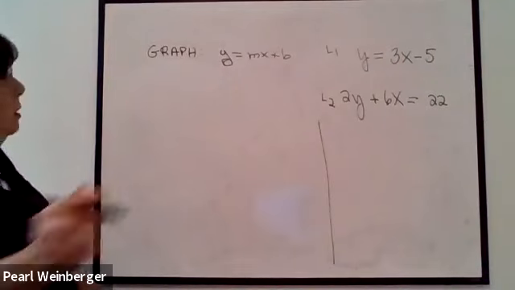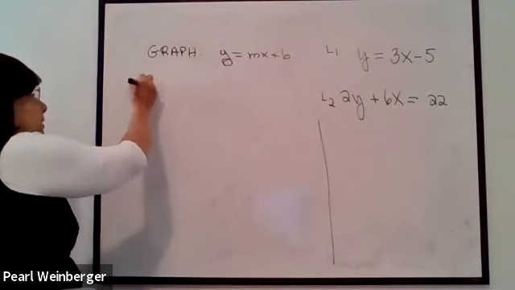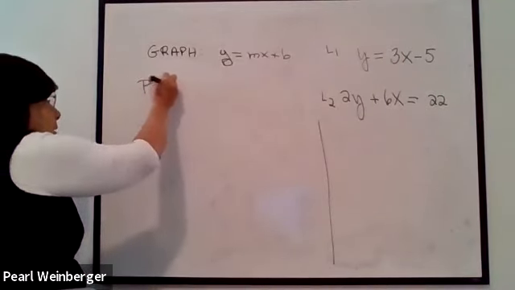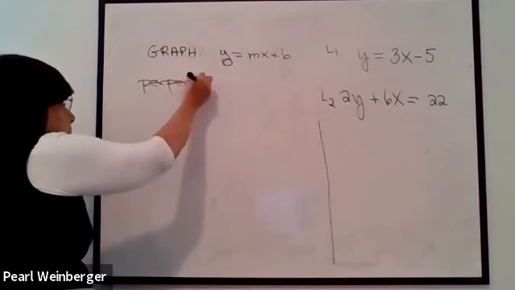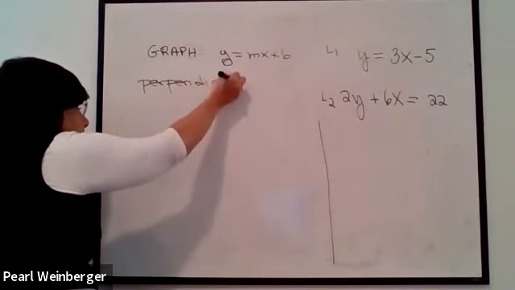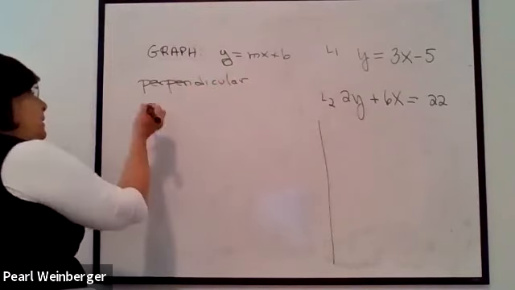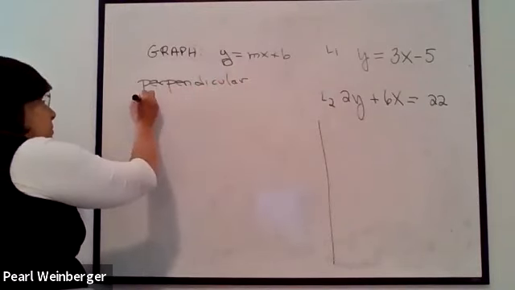Two lines are what we call perpendicular if they meet at right angles.